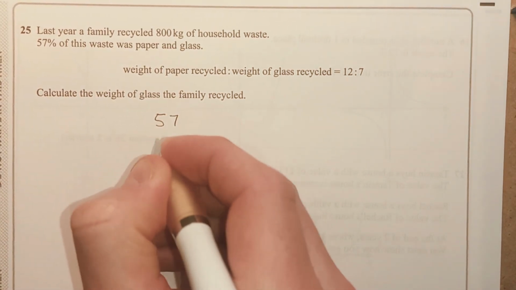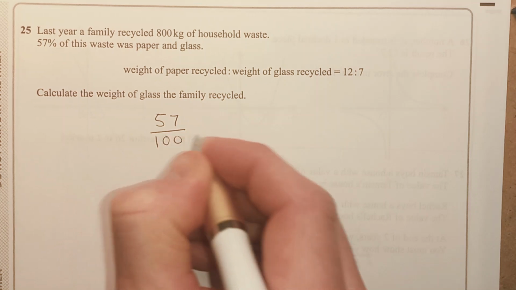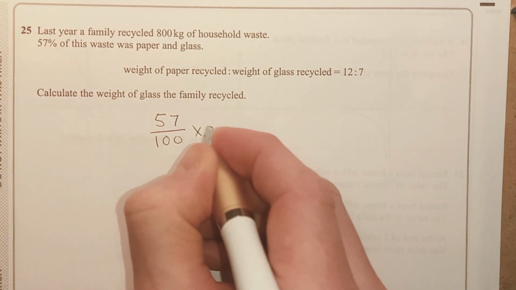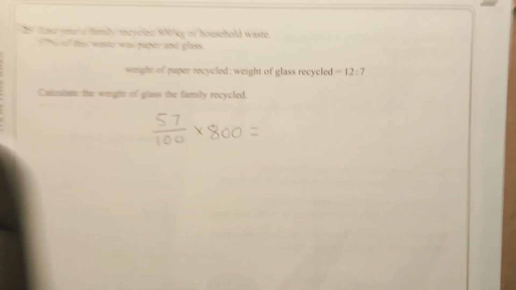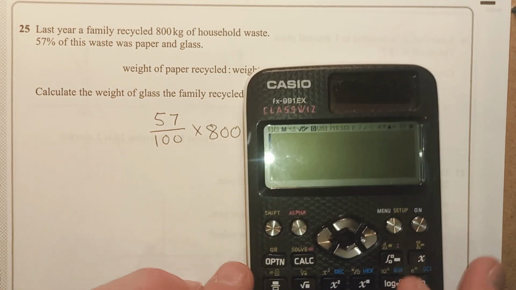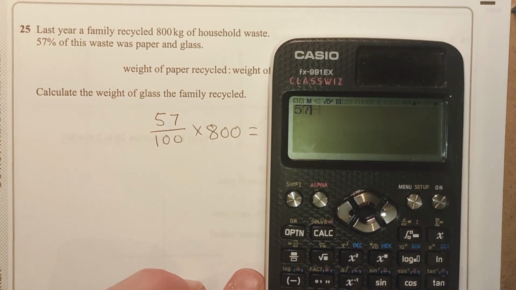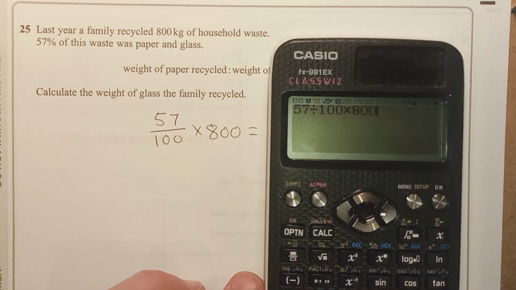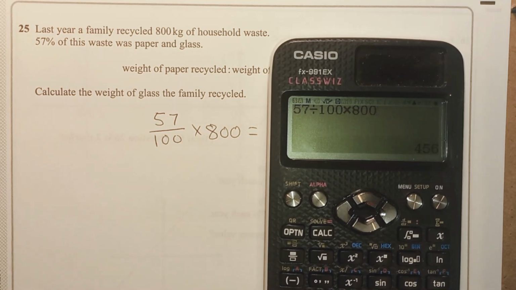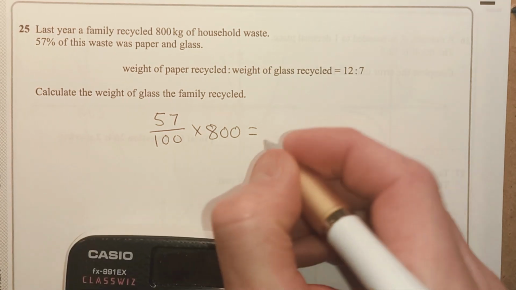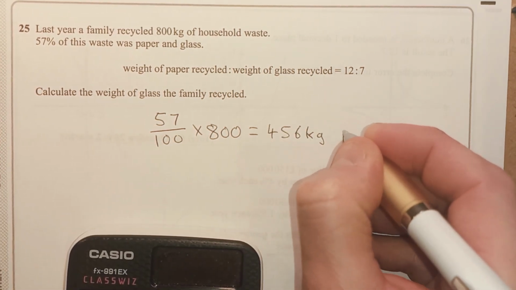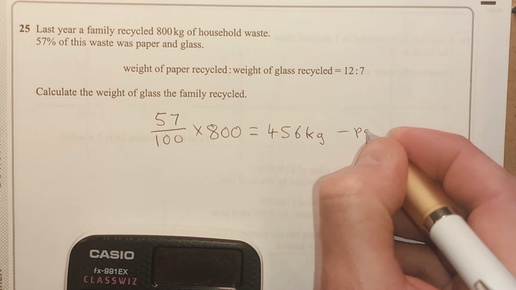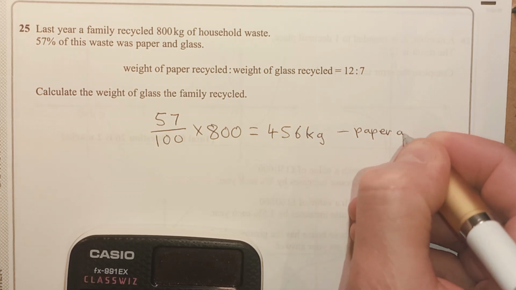So 57%, or 57 out of 100, times 800. So 57 divided by 100 times 800, 456. So we've got 456 kilograms of waste was paper and glass.